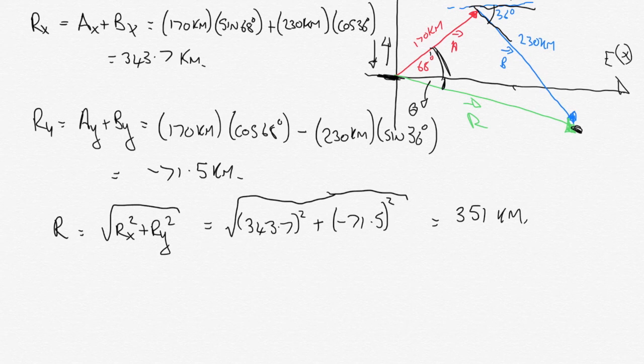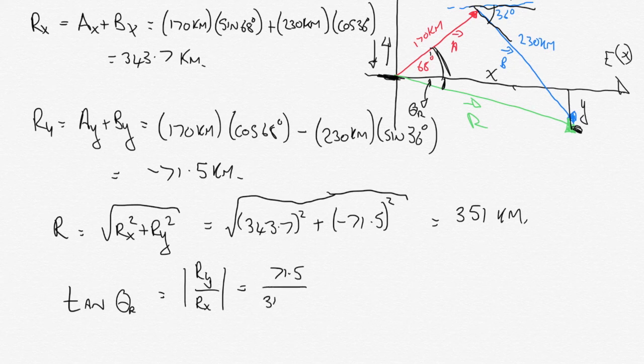We can calculate that by knowing that the tangent of this angle, theta R, is equal to the magnitude of the y component of R over the magnitude of the x component of R. So the tan of that angle is equal to 71.5 over 343.7, which gives us 0.208.